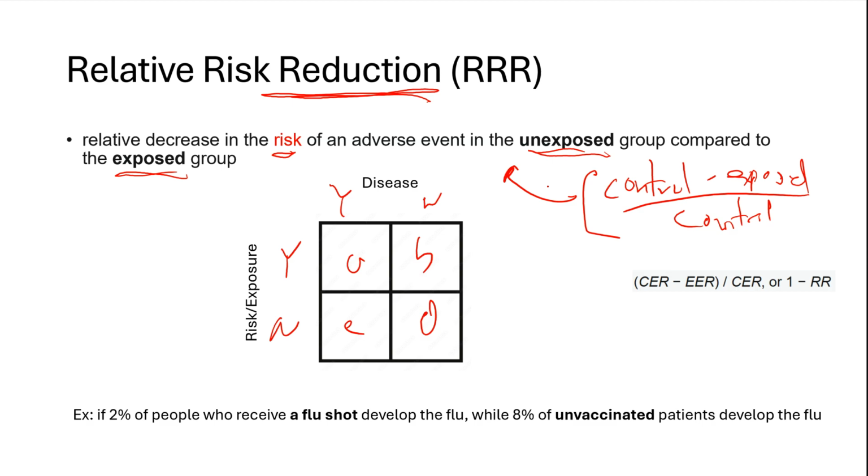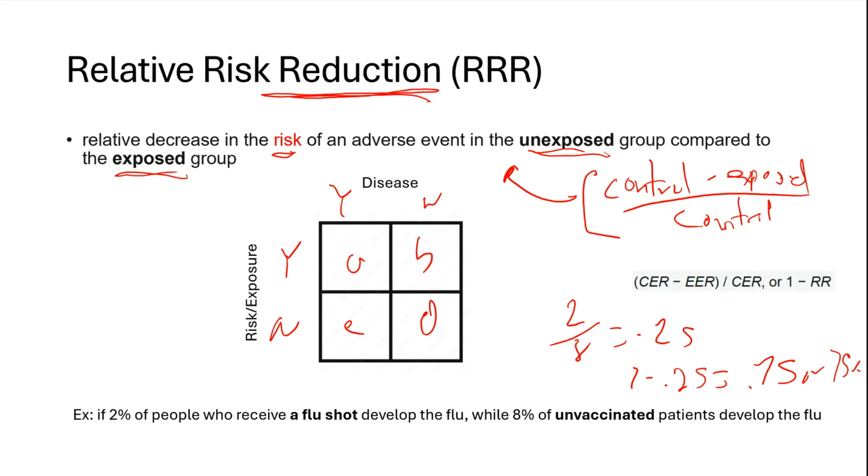Relative risk is just risk divided by no risk, or 2 divided by 8. When you do 2 divided by 8, you get 0.25. 1 minus 0.25 is equal to 0.75, or 75%. That means my relative risk reduction is around 75%.